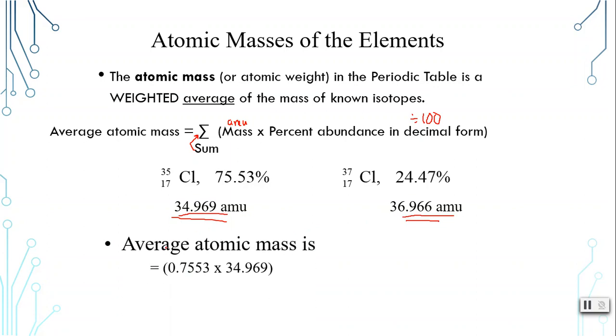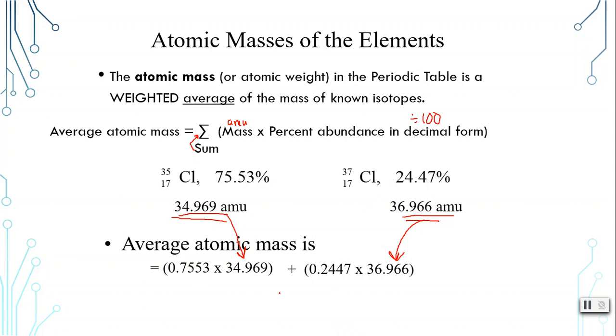So the average atomic mass for this sample of chlorine is going to be equal to the mass of my first isotope multiplied by its abundance, divided by 100, because it has to be in decimal form. Add that to my second term, the product of my second mass multiplied by my second abundance in decimal form.